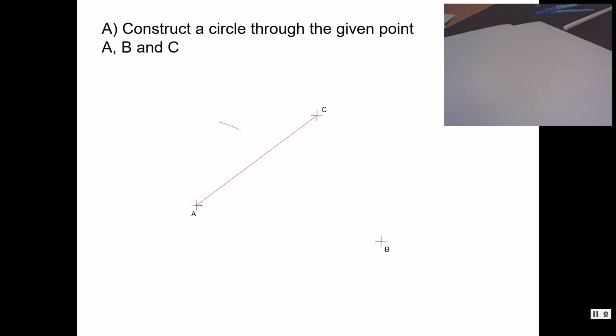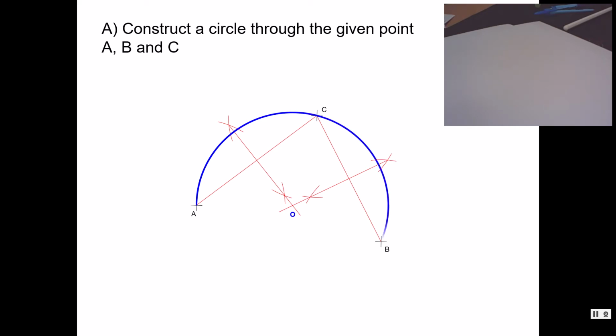We have 3 points, A, B, and C. We bisect the line between A, C to get the middle line, and then from points C, B, we bisect it to get the midpoint too, so that we're going to have a perpendicular line, and draw the line, and then we're going to get the O, which is the center point of the circle, and then you can just draw the circle after that.